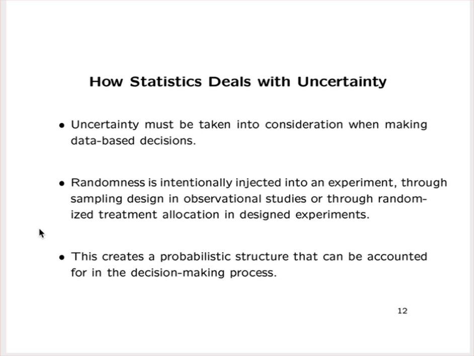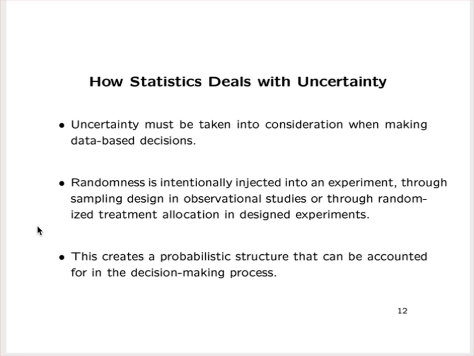But regardless of which approach or which context we're talking about, whether we're sampling from a population or performing a designed experiment, in both cases, we are intentionally injecting randomness into the experiment. Then when we go to analyze the data, we need to be able to take that randomness into account.